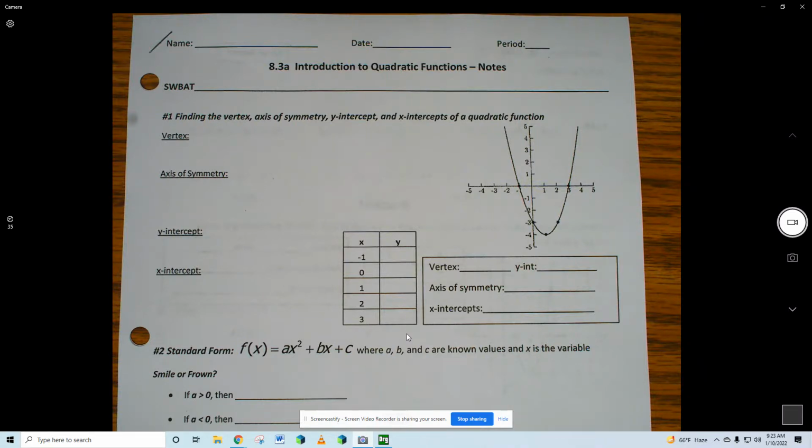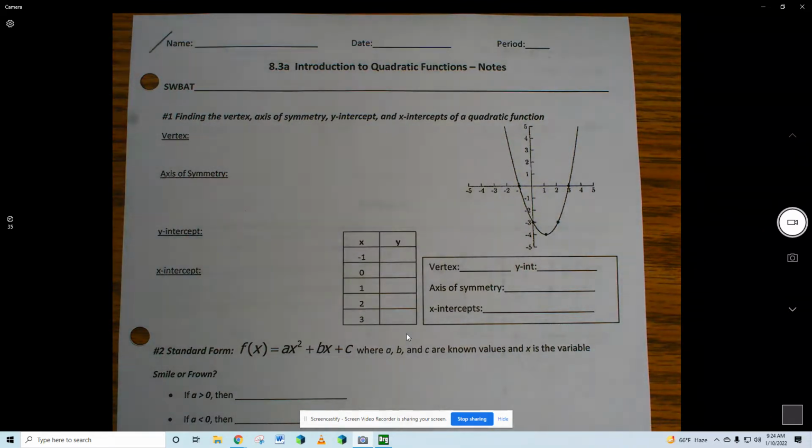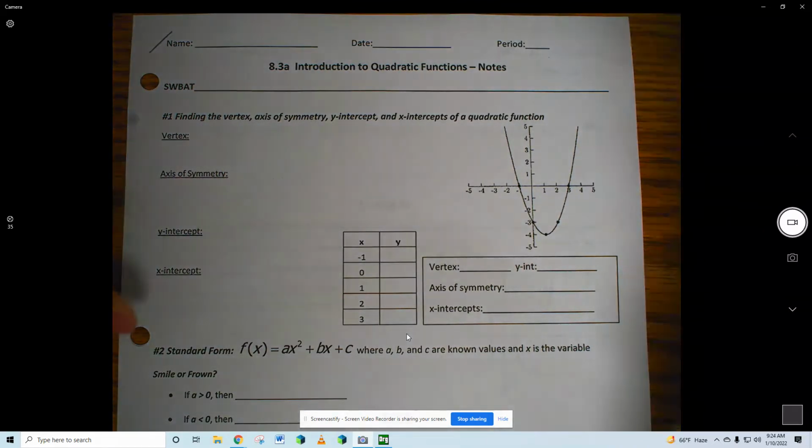And we talked a little bit about where the graph increases, like where does it go uphill, upward? Where does the graph decrease? Where does it go downward? So, a quadratic function is also called a parabola.